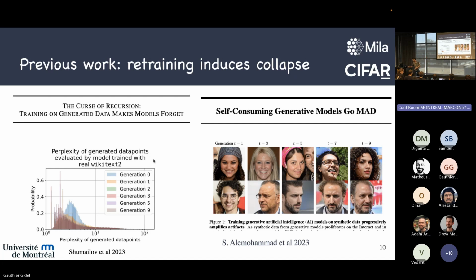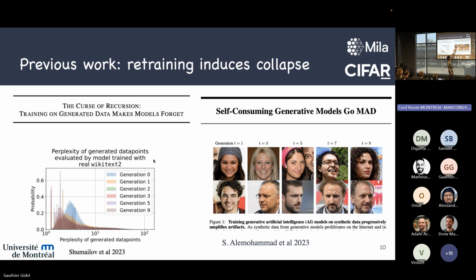Okay, and this was the point made in these two papers that were previous works, where basically the message from these two papers was, that's terrible. We are doomed. Training on generated data makes models forget. We have collapsed. Self-consuming generative models go MAD.